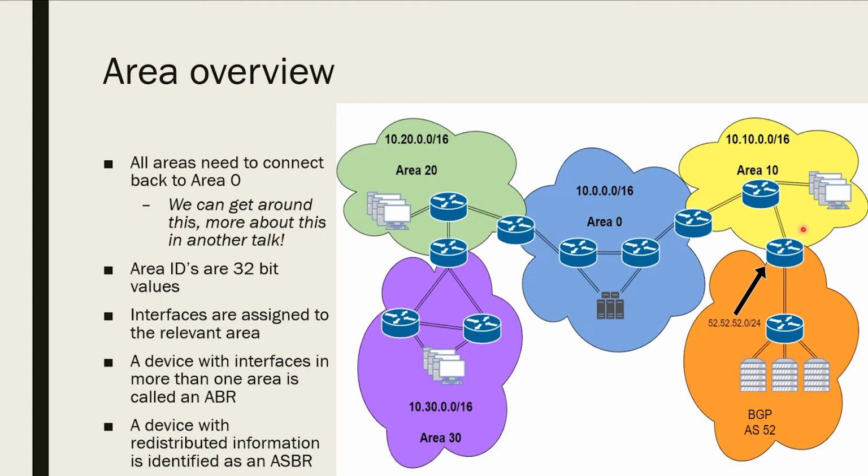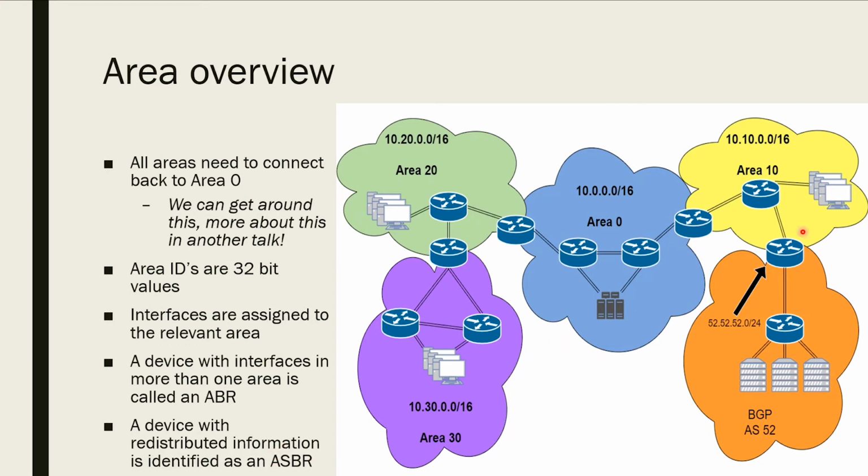You then also have a function that is called an ASBR. So this is an example of an ASBR. You have a BGP domain, and that is connected to a device which is already inside the OSPF domain. When this device redistributes that BGP routing information into the OSPF domain, it gets classified as an ASBR, or an autonomous system border router.